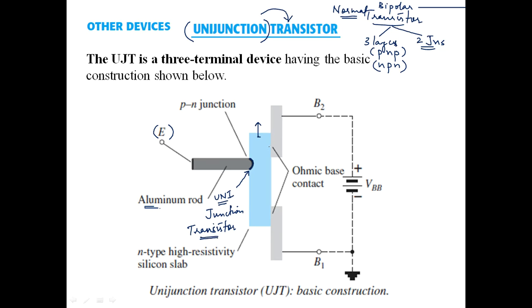Okay, so let us just have a look at it. Now below the silicon slab you have two layers, which are actually the ohmic base contacts. One important point to be observed is, just note down the position of this particular aluminum rod on this N-type silicon slab. It is not exactly at the center, right?